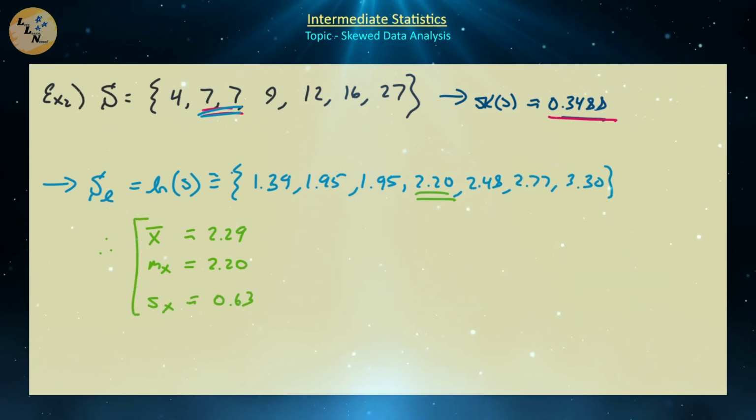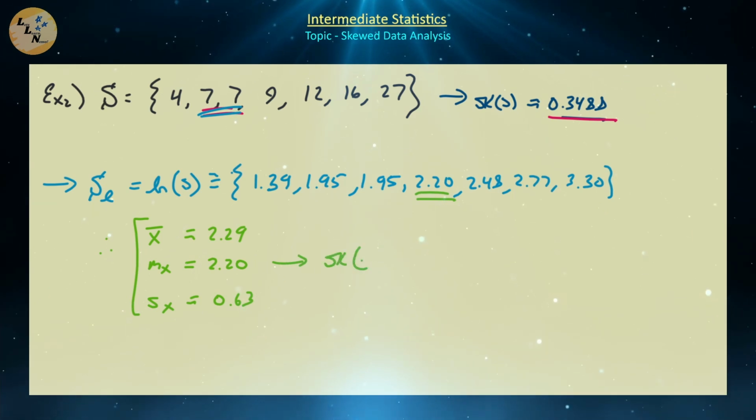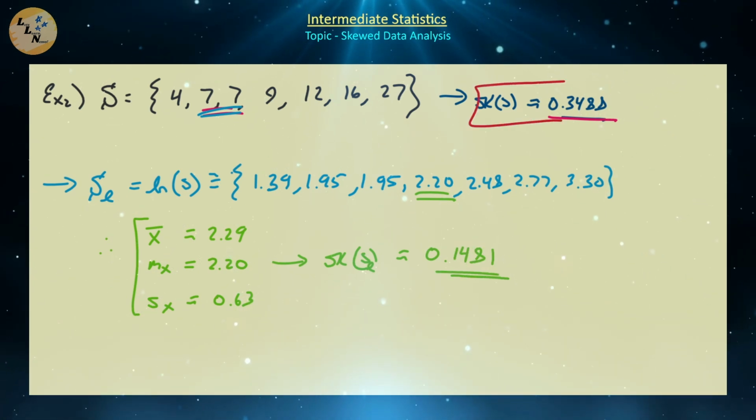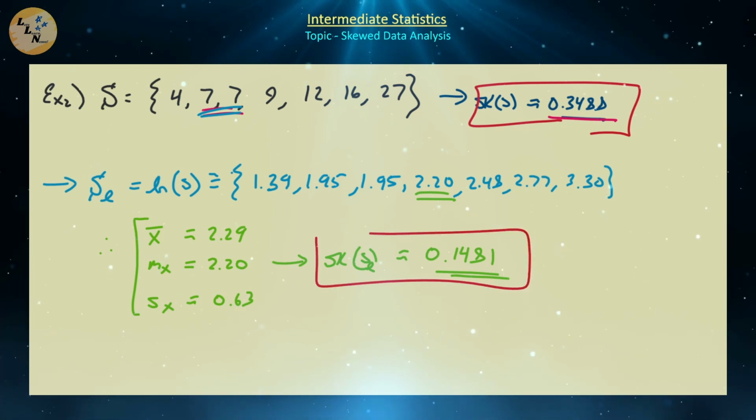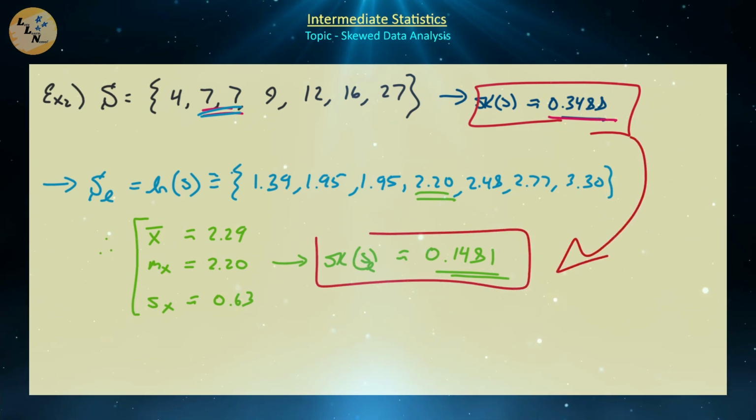And from these elements, you can calculate the skewness coefficient of this log transform data set to be approximately equal to 0.1481. And as you see, the skewness of the data set has decreased after we have taken the log transform. And what motivated us to transform that data set? Because the original distribution was skewed to the right.